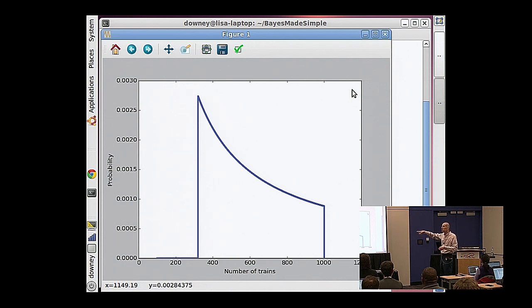What it says is in my prior, the lower bound didn't matter very much. If the lower bound of my prior had been 200, the posterior would end up being exactly the same. Yes? But if you saw train number 50, that lower limit would play a significant role. Ah, that's a great question.